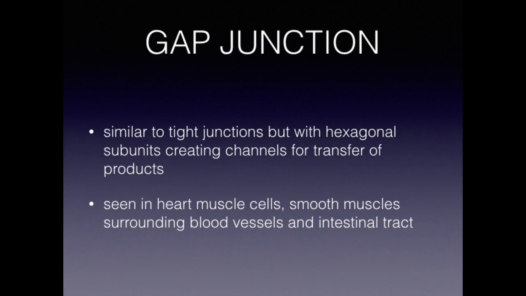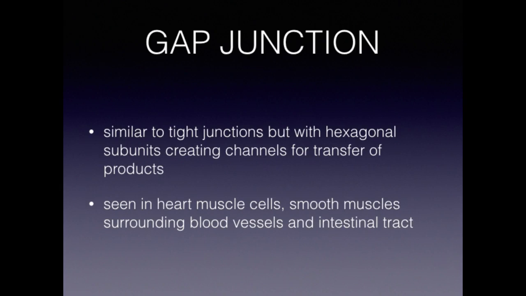So a gap junction is the next junction that we'll talk about. It's very similar to a tight junction in that things can't pass between, they have to be directed. But what happens with a gap junction is there are these little tiny channels.